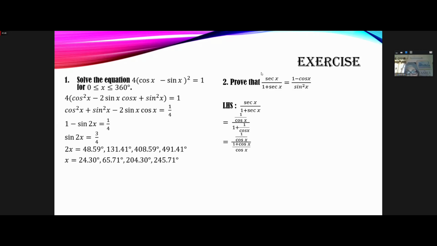For 1 plus secant x, it is 1 plus 1 over cos x. I make the two terms a single fraction, so it becomes cos x plus 1 over cos x, or 1 plus cos x over cos x. It's the same thing because it's plus.